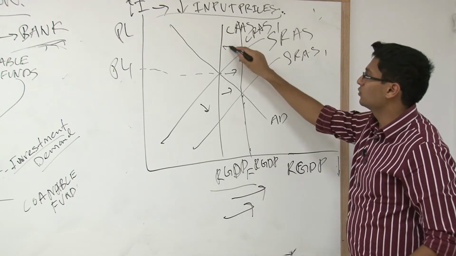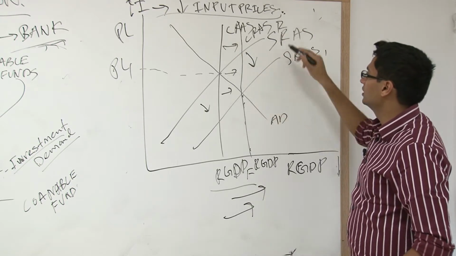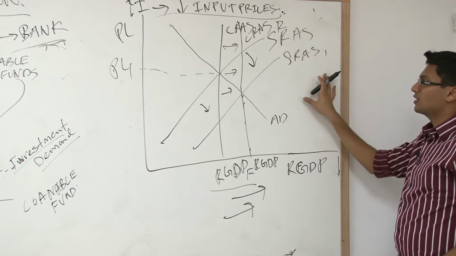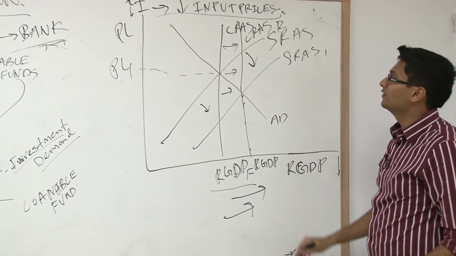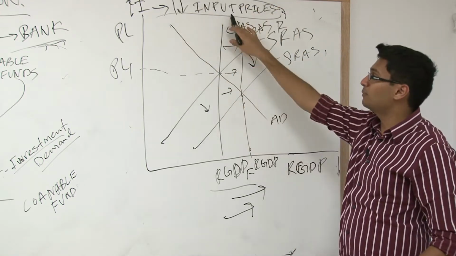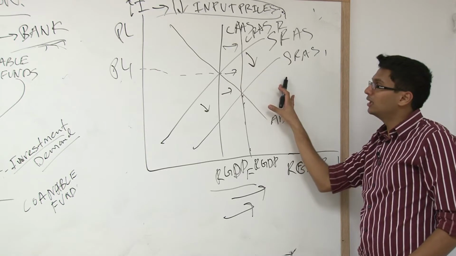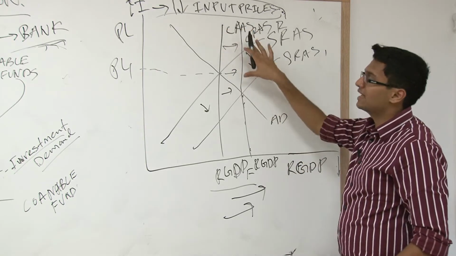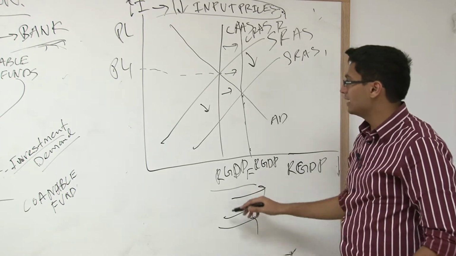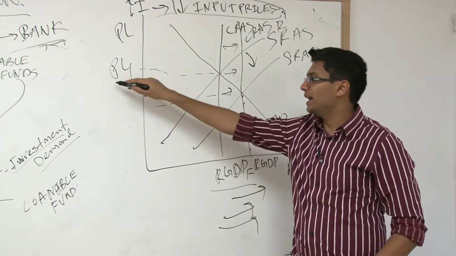So LRAS moves from LRAS1 to LRAS2, SRAS moves from SRAS to SRAS1. But it just depends if these input prices are permanent or temporary. If it's only temporary, only the SRAS moves. If it's permanent, both the SRAS and the LRAS move. But watch what happens. Our GDP goes to the right, and your price levels come down.